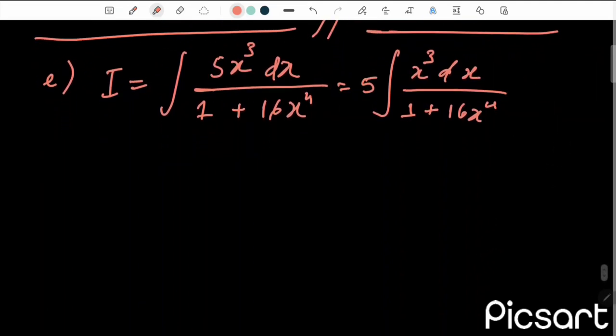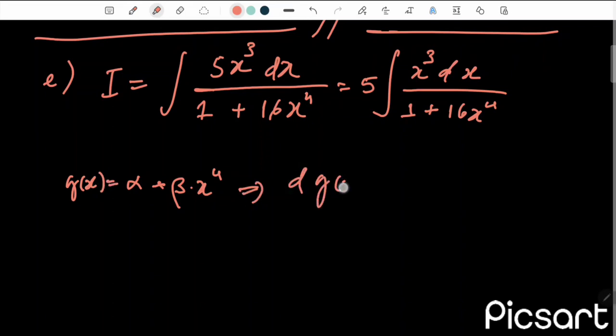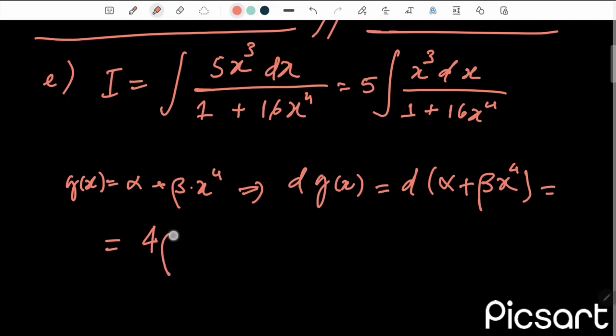If we have a function g of x equal to a constant alpha plus a constant beta times x to the power 4, the derivative of g is equal to 4 times beta times x to the power 3 dx.